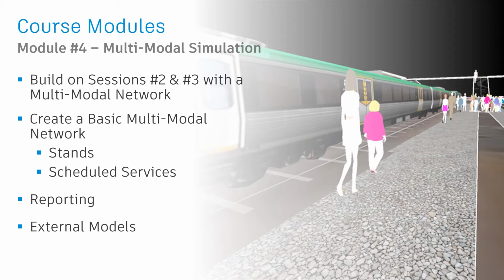We will be creating a basic multimodal network. We're going to introduce new entities such as stands and also scheduled services for public transport. We're also going to look at reporting and how we can augment mobility simulation models using external content.